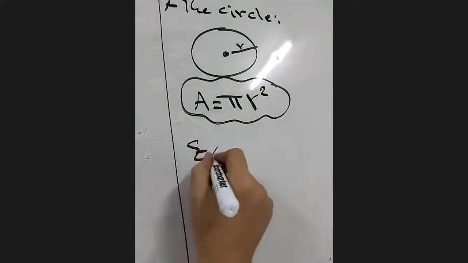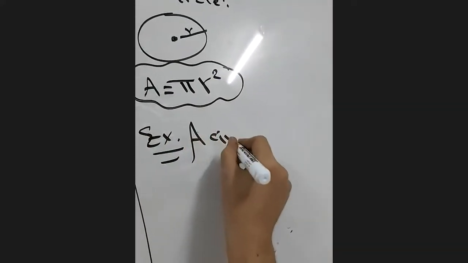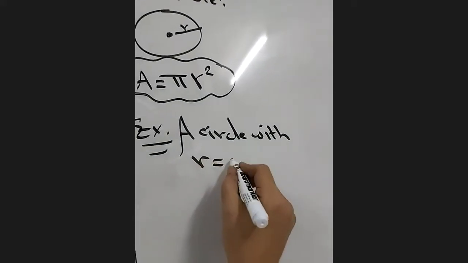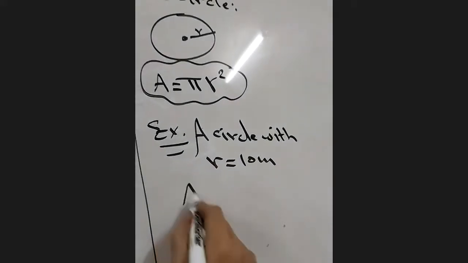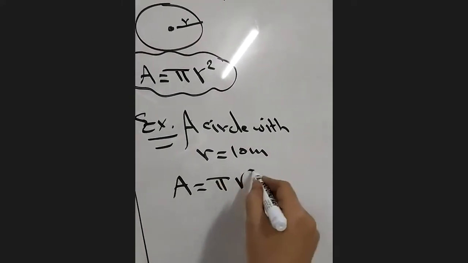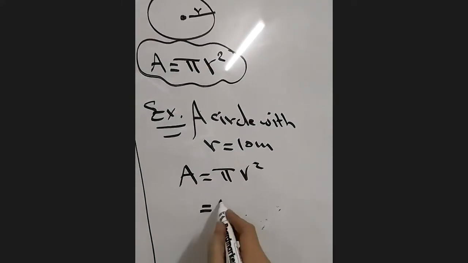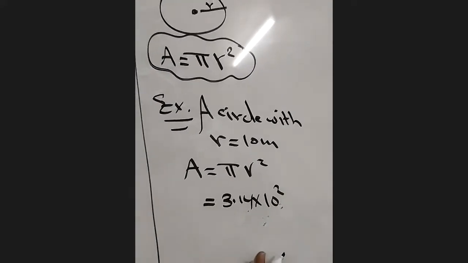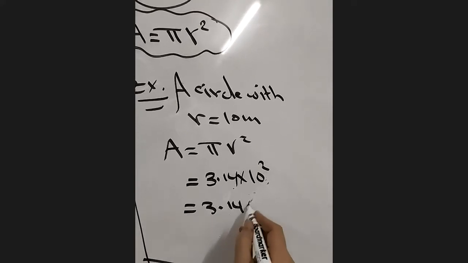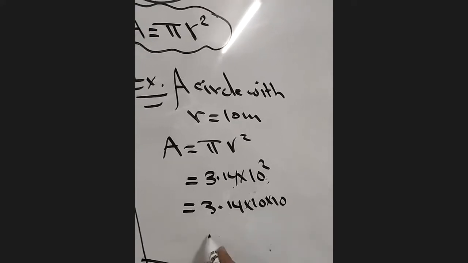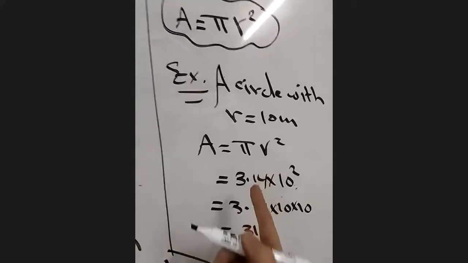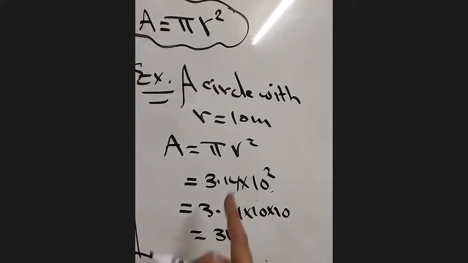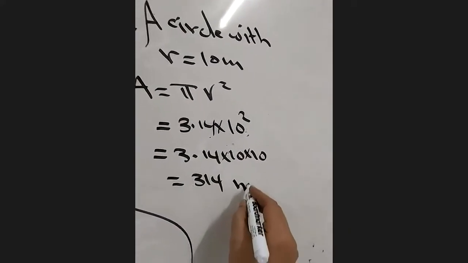For example, a circle with radius equal 10 meter, the area will be pi r power 2. The pi is 3.14 multiply r, which is 10, to the power 2. This means 3.14 multiply 10 multiply 10, which is 314. This is a question from the assignment, I think. 314 what, guys? Meter to the power 2.